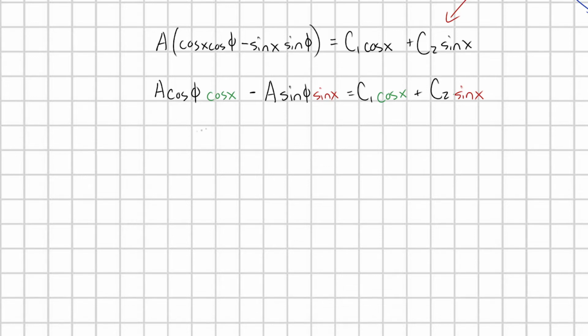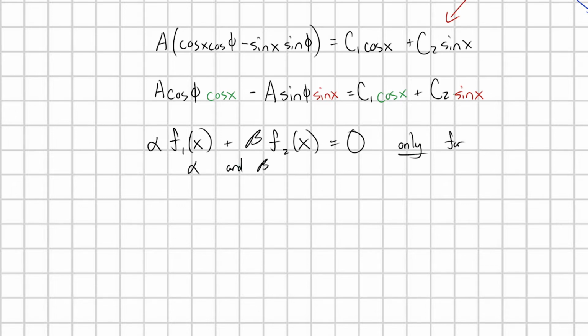Well, again, the condition for linear independence is that if I have alpha times some function of x, f1, plus beta times some function of x, f2, this equals 0 only for alpha and beta equal to 0, right?